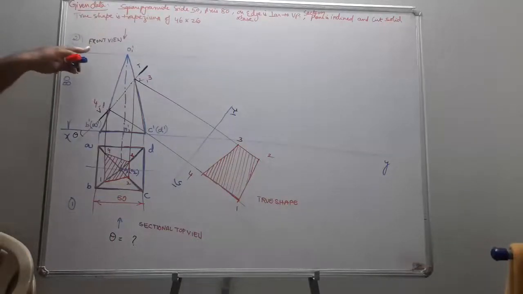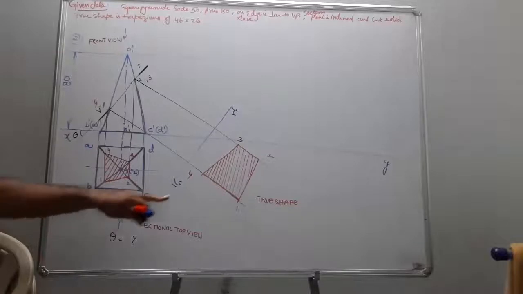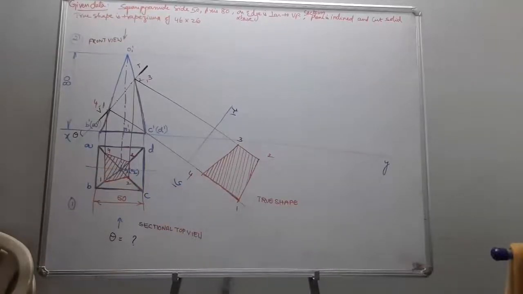So this was the front view, this was the sectional top view, this was your true shape. Make it fast, I'll give you 2 minutes, then I'll move to the next problem.